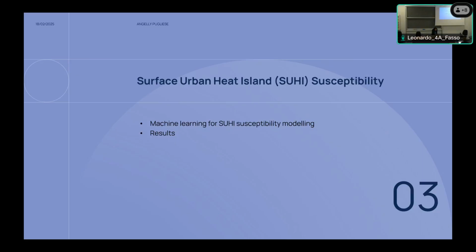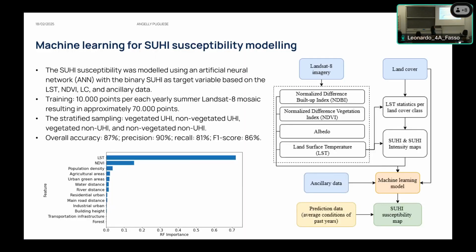So now, arriving at the methodology, the surface urban heat island susceptibility. As I was mentioning from the initial diagram, there is, of course, the data and the data processing step that goes into a machine learning model to produce the susceptibility map.